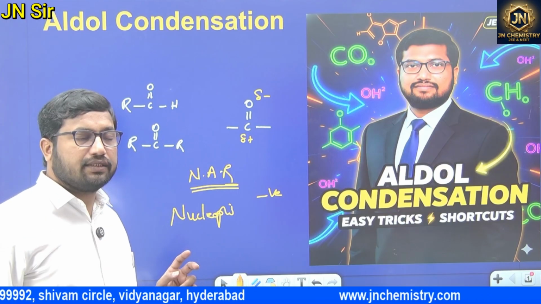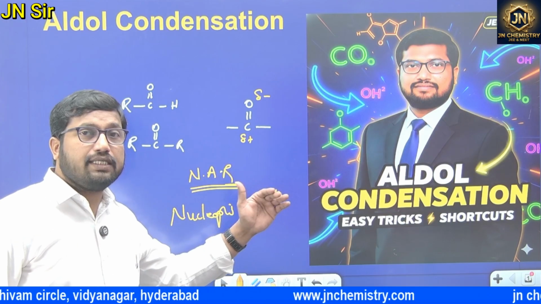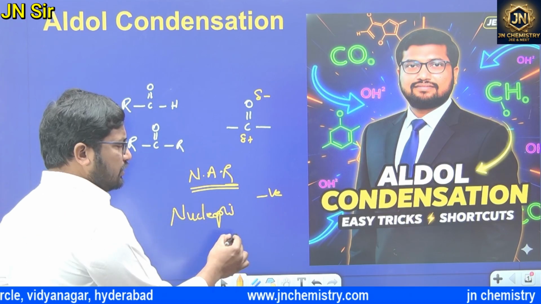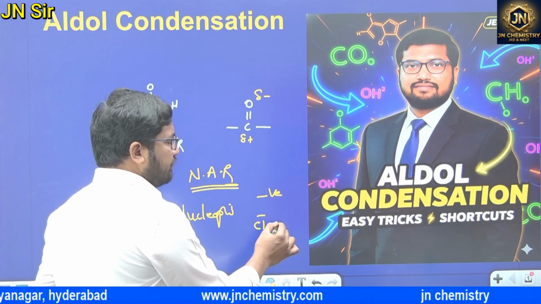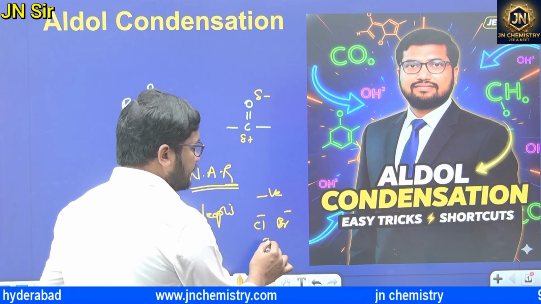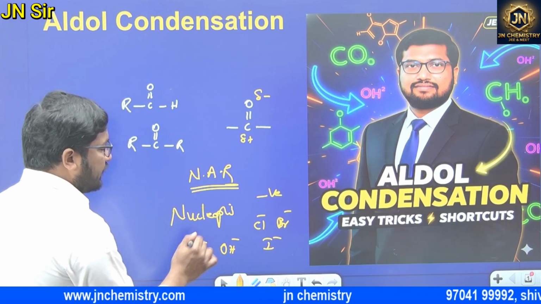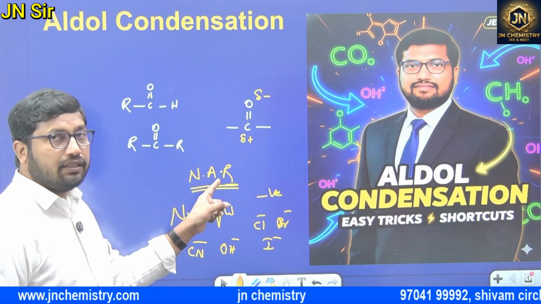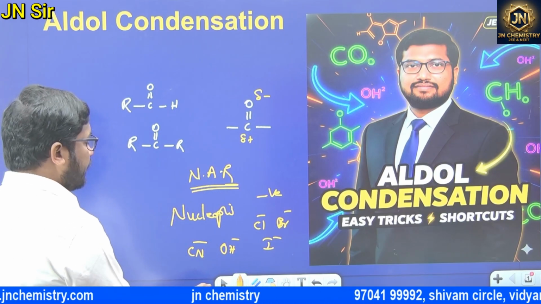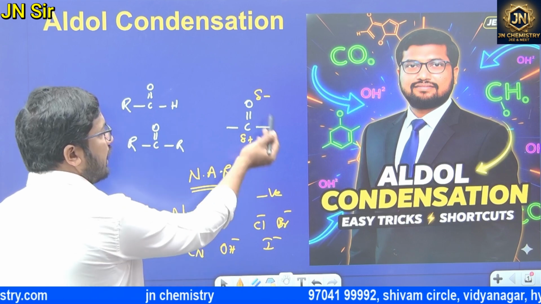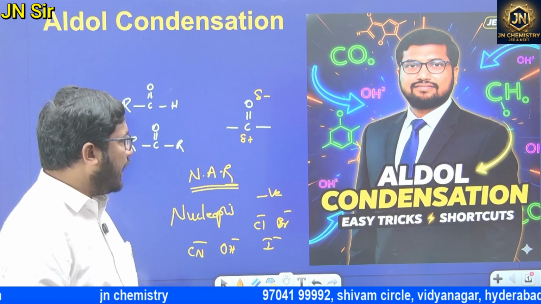Nucleophiles are of two types, charged particles and neutral. Negatively charged ones are, for example, Cl minus, Br minus, I minus, OH minus, CN minus, like that. Addition means simply we are adding the nucleophile.